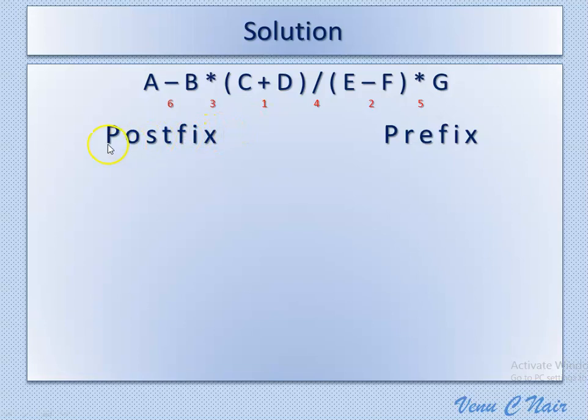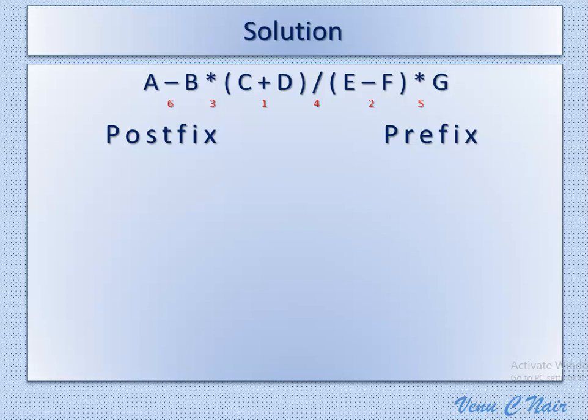So I am doing postfix and prefix conversions side by side. You know that for a binary operation, there will be two operands and one operator. If A and B are the operands and plus the operator, A plus B is the infix operation.